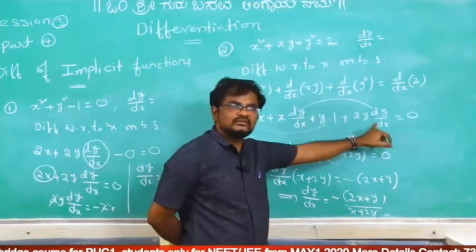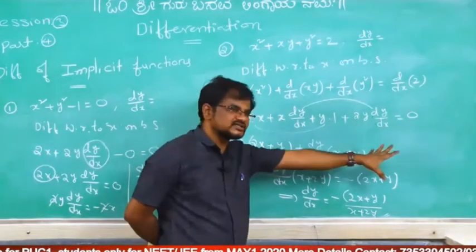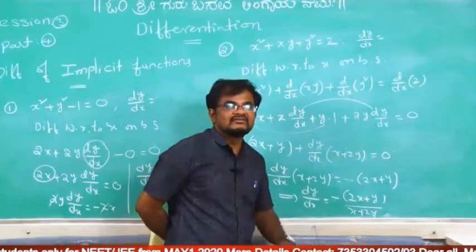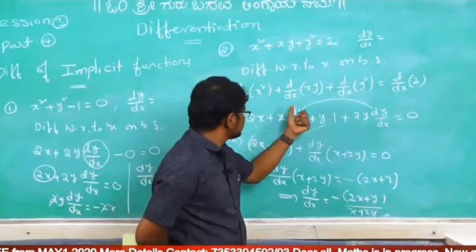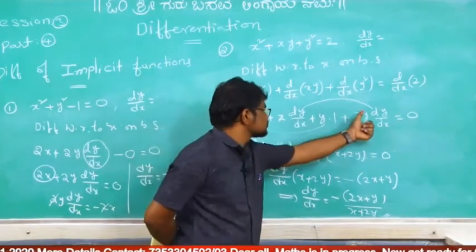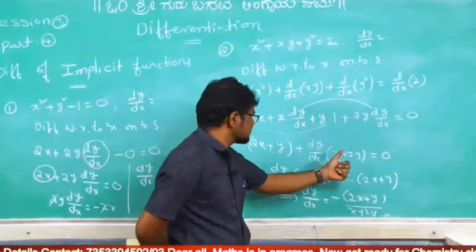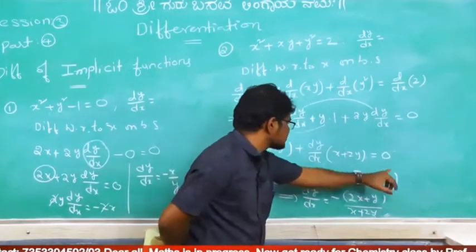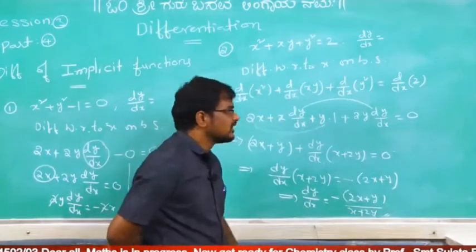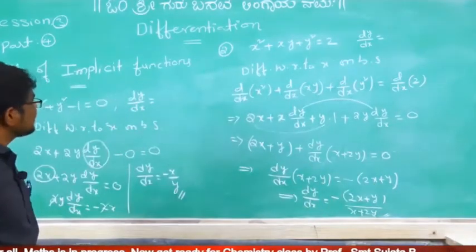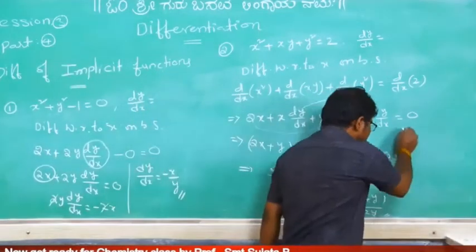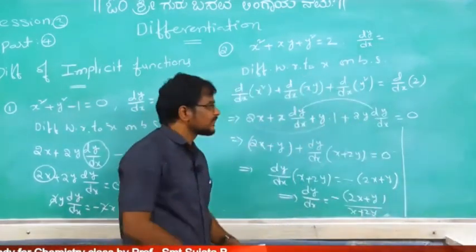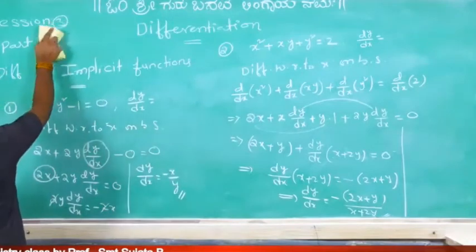In these two dy by dx, the remaining two terms take that side, then you will get 2x plus y, and here x plus 2y dy by dx common, x plus 2y remaining, and this one I am taking that side, minus 2x plus y. And now see here, these two problems you observed, no? So shortly you can solve like this also.